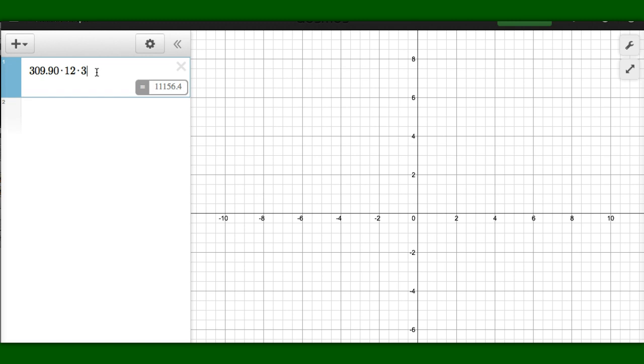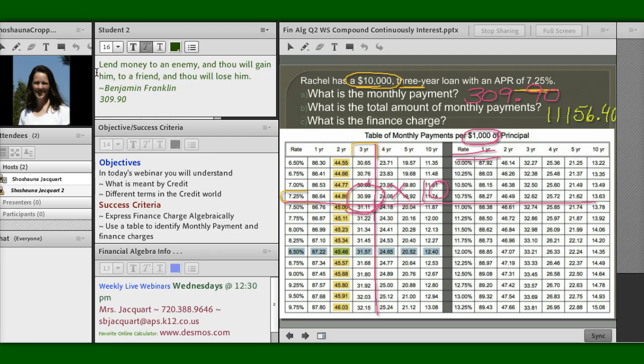And so the total amount of monthly payments is going to be $11,156.40.